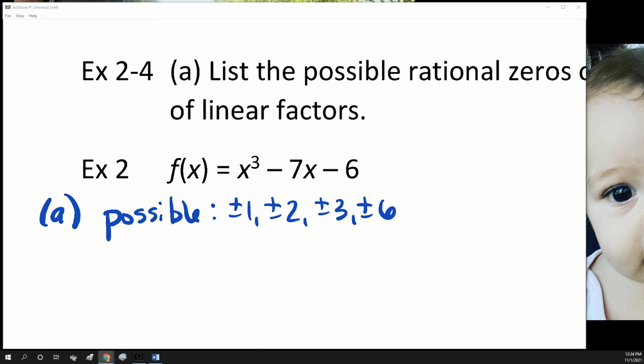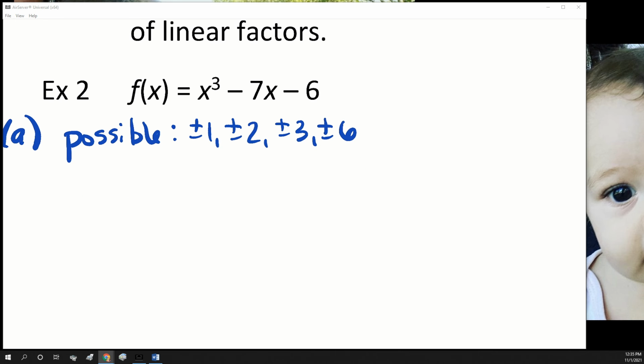Okay. And then we can check 1 kind of in our head. You check 1, because 1 is going to be in every possible list. So we would just add and subtract those coefficients.